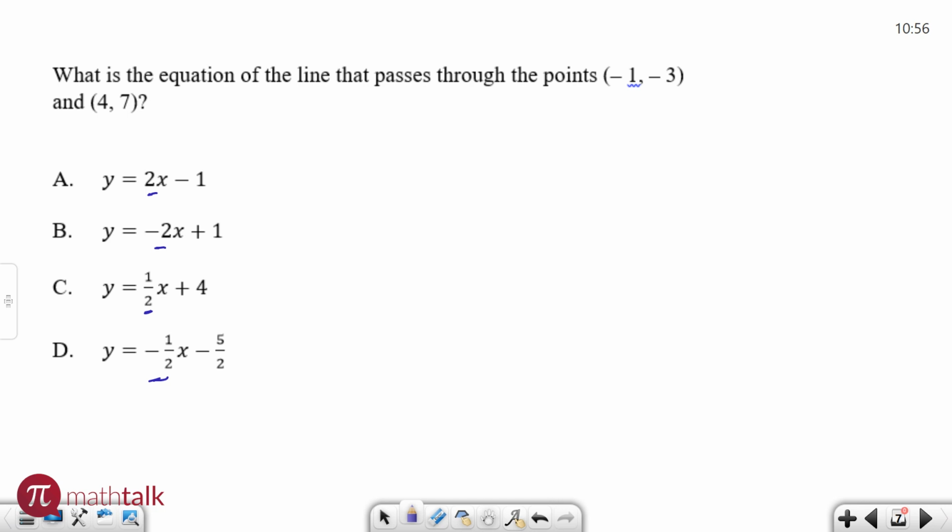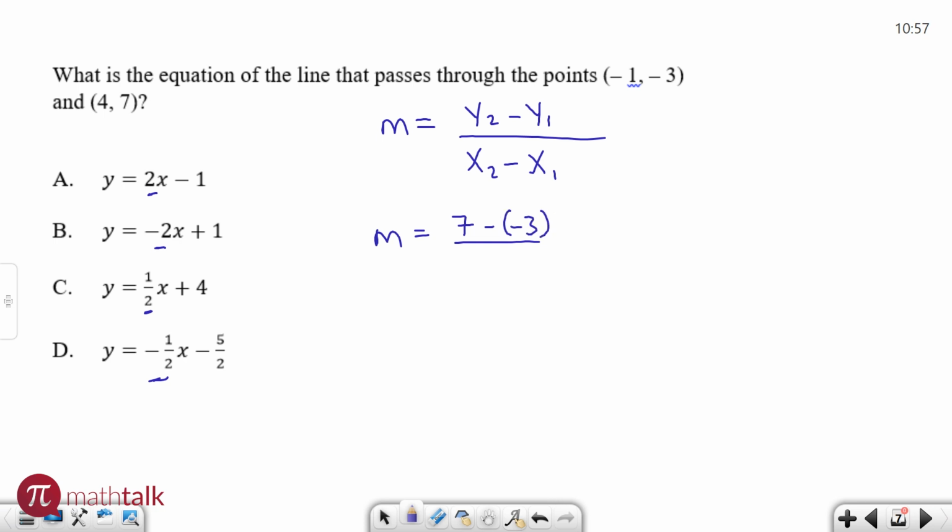So let's find the slope between these 2 points. Going back to a previous video I've done on slope, I know the equation for slope is y2 minus y1 over x2 minus x1. So I'm going to plug in those values to figure out my slope. So y2 is the second y value, which in this case is 7, minus the first y value, which is -3.